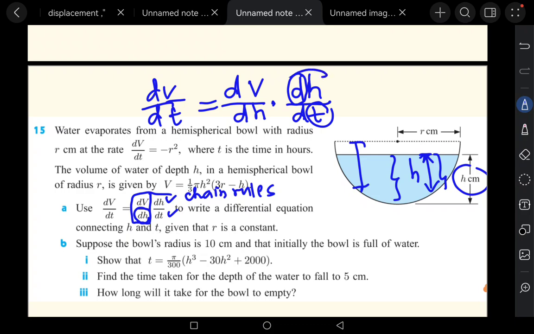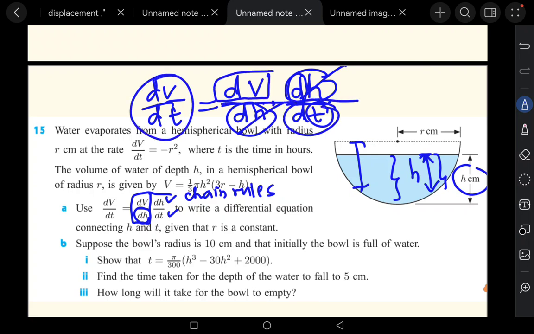Why? Because if you see this, you notice that one, this you can cancel, right? And it's gonna be written over dt. dv over dt, this one. That's what we called as chain rules. The biggest function, and then you derive it to the variable, and that variable, this one, the h, you derive it again to the other variable.